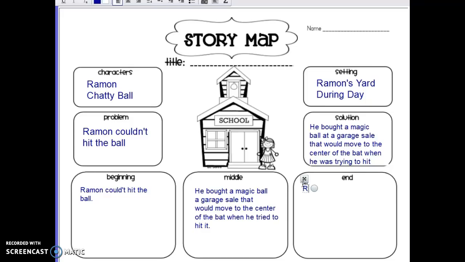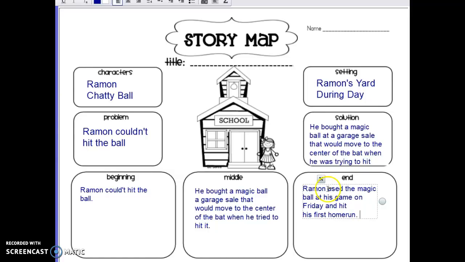And at the end of the story, Raymond used the magic ball at his game on Friday and hit his first home run.